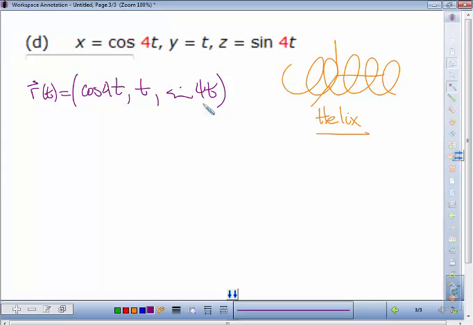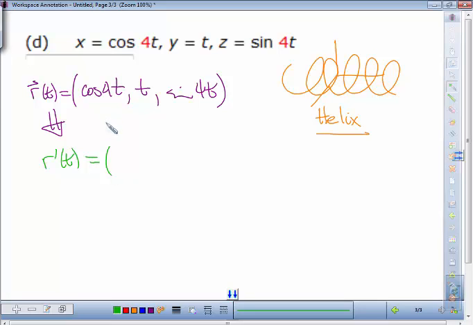Now, I might be interested in a derivative of something. They're functions here, and we've taken calculus already, Calc 1, and so whenever we see a function in the calculus class, we really want to take a derivative of it. So we can take the derivative of this, and basically the derivative of a vector-valued function is a derivative of each of those components.